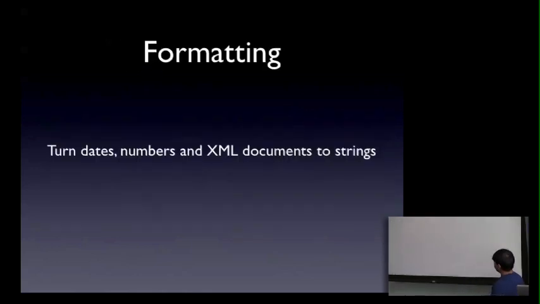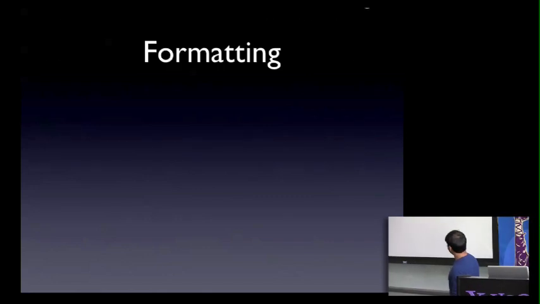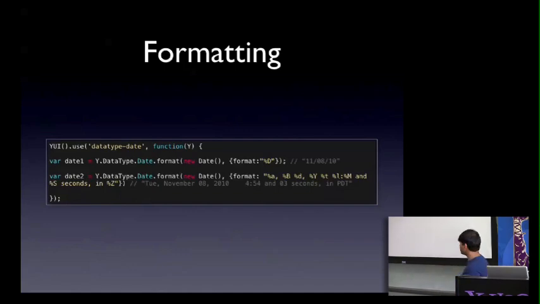Formatting is kind of the opposite. It just stringifies objects into strings for you. And it's probably just as straightforward to do. Here I'm taking a date, and for dates it uses the string from time tokens, which you might be familiar from PHP. So the first one here does sort of a month, date, year.